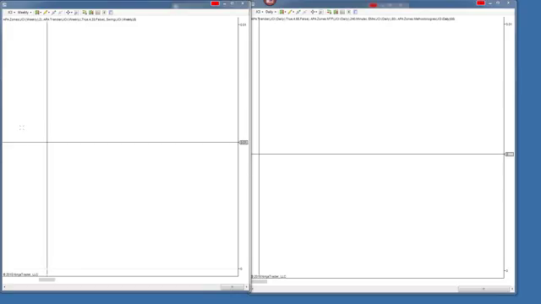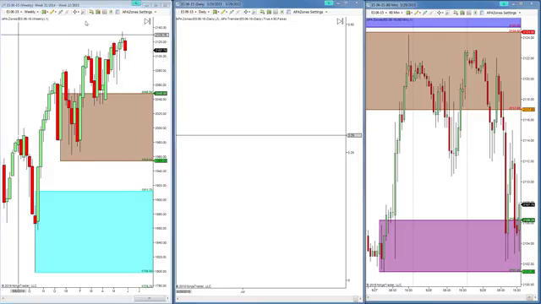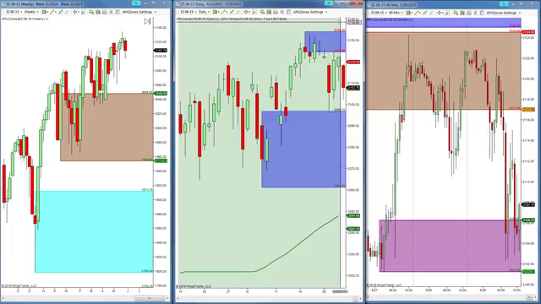I think the thing going into next week is you could easily see a continued push to the downside on some of these instruments. Especially on the CES, we could definitely see that deeper pullback towards 2070.